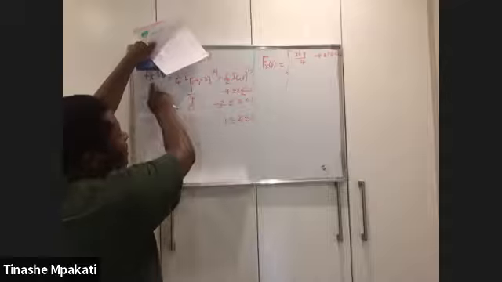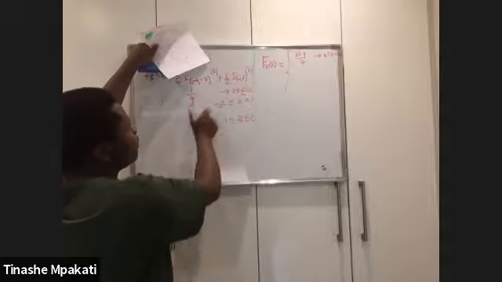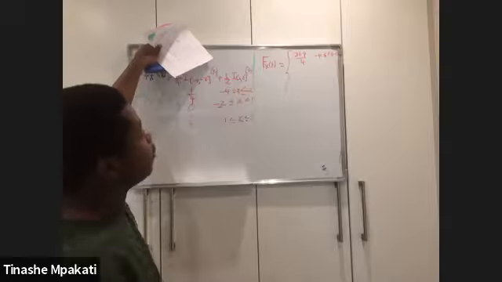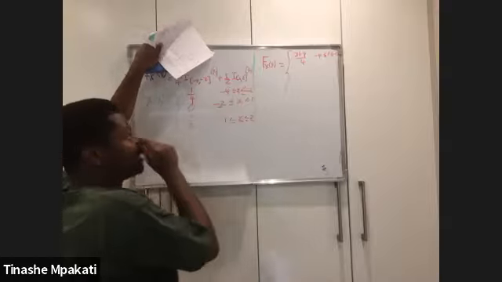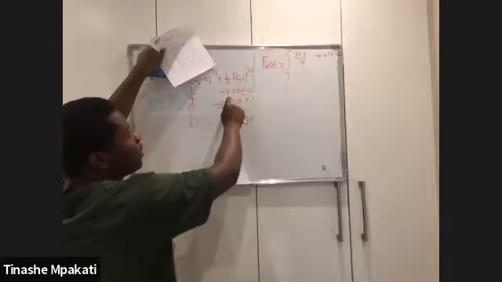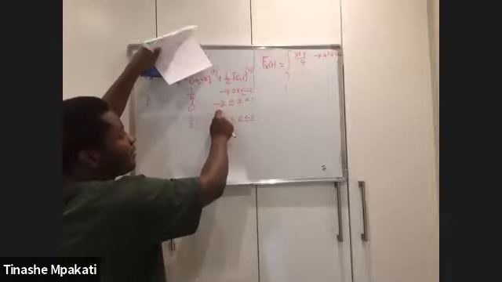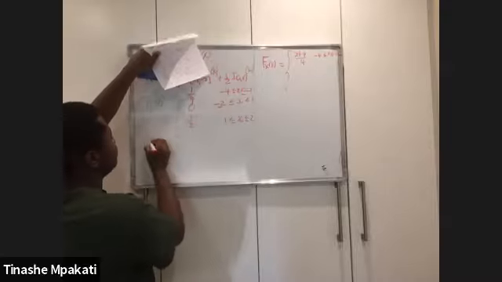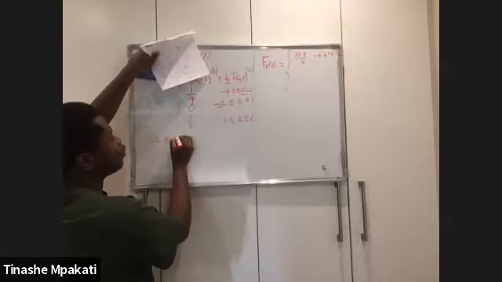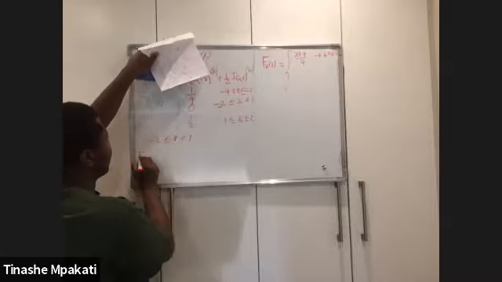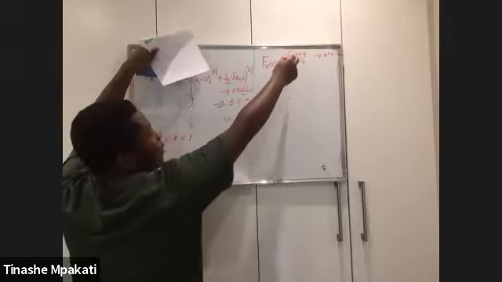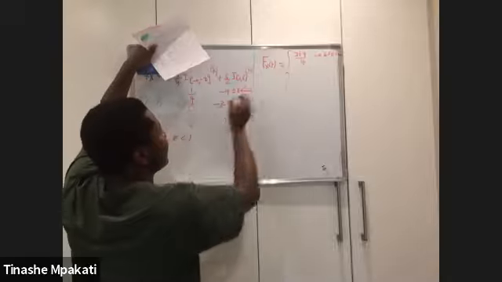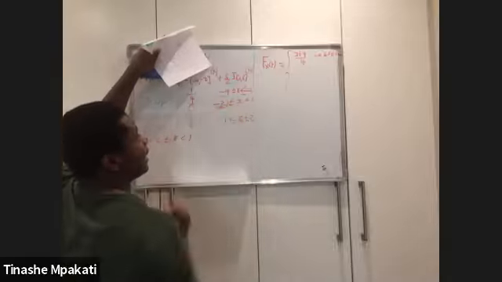But whenever you've got a PDF and you want to find the CDF, when you find the CDF of the first part of the interval, when you go to the next one, you will have to evaluate what you got here at the value of the lower bound of the next interval. What I mean is that for x between minus 2 and 1, my F of x will be equal to, I have x plus 4 over 4 there, but now instead of x, I will write minus 2 there.